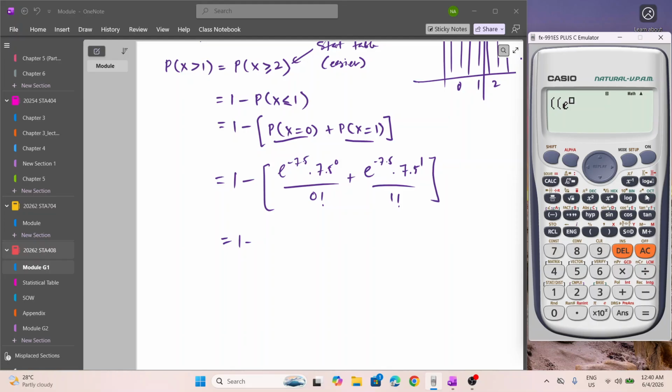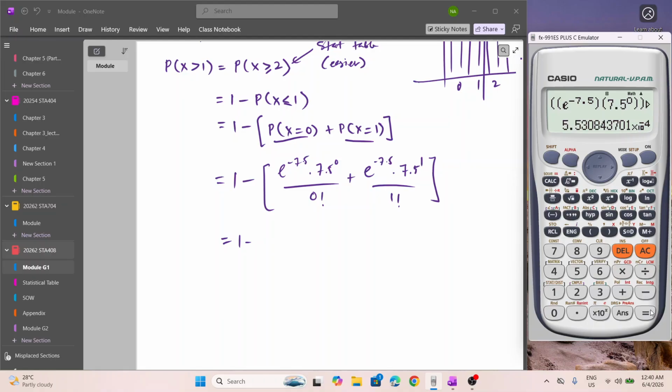Okay, this one is negative 7.5. Close the bracket, open the bracket once again, and click on this one. Once again, 7.5 to the power of 0, and close the bracket 2 times over 0 factorial. Shift and this button, you get 0 factorial.